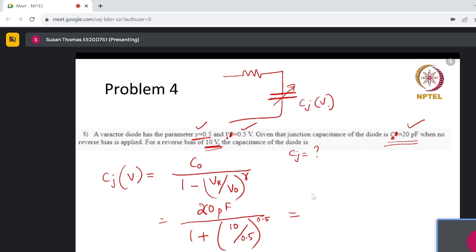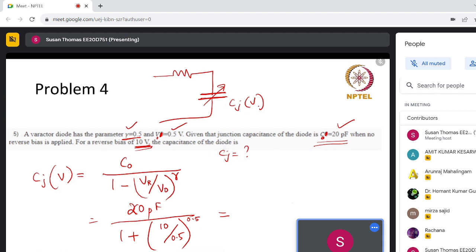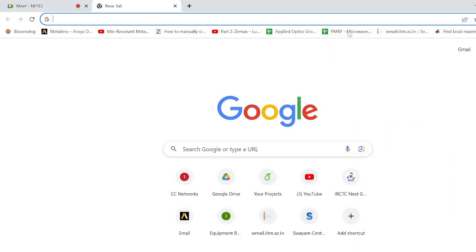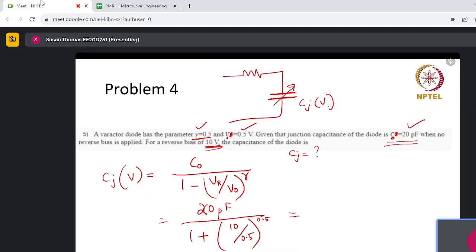I request everyone to work this out. So the answer is 3.645 picofarad.